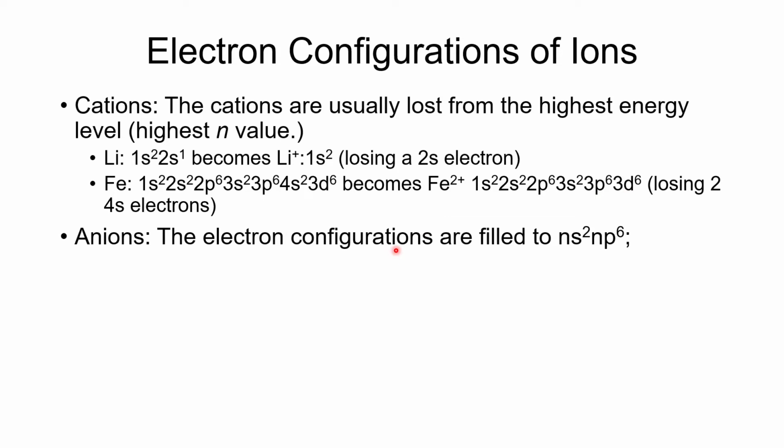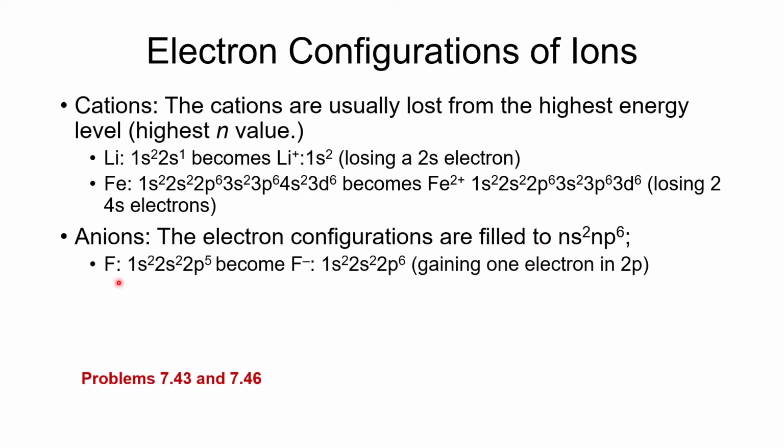When it comes to anions, the electron configuration is going to be filled out until you fill the outer orbital, or the outer shell. Typically that's going to get to 8. We call this the octet rule, and we're going to talk about the octet rule in chapter 8, so you've got that to look forward to.